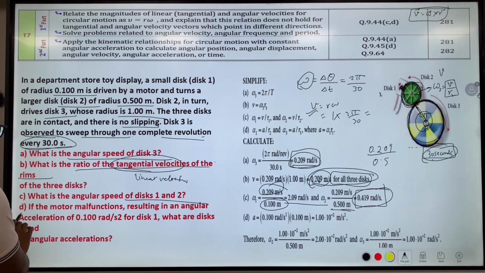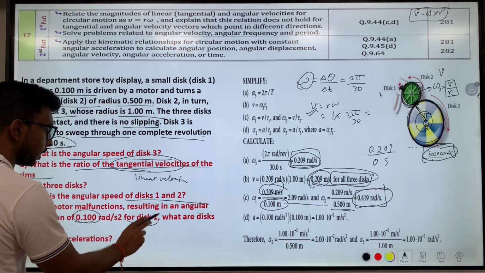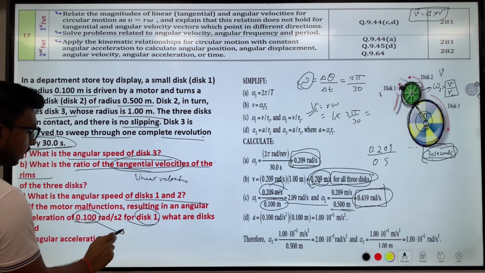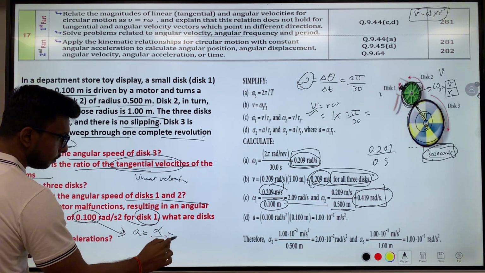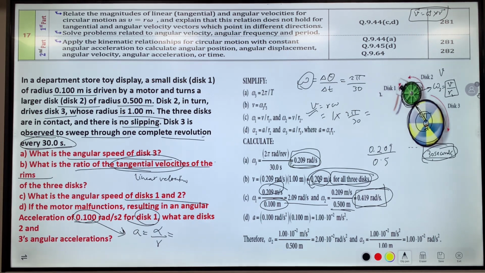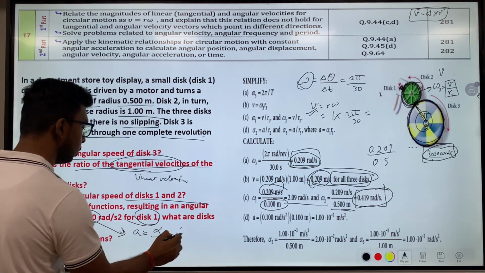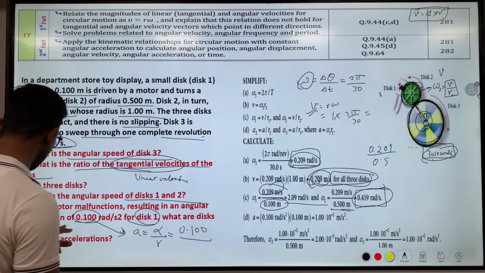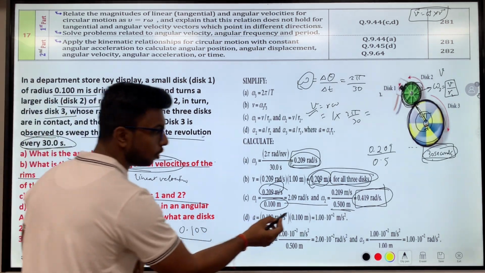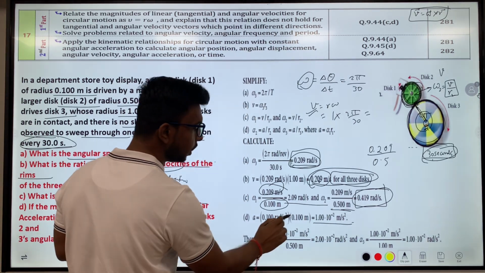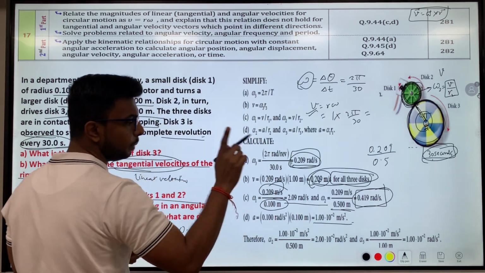First I will find the linear acceleration, a, which is alpha times r, that means 0.100 over r. R is whatever is the radius, 0.100. So this comes out to be 0.100 over 0.100, 1 meter per second square.